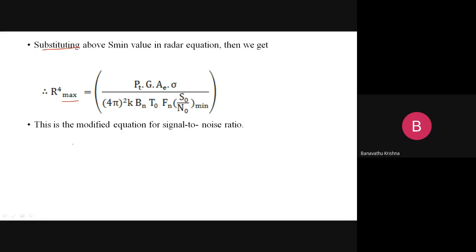This is the modified equation in terms of signal to noise ratio. Based on this, we can find the accurate performance between the radar and the target. So this is an overview of the prediction of radar range performance, minimum detectable signal, and receiver noise. Okay, thank you.